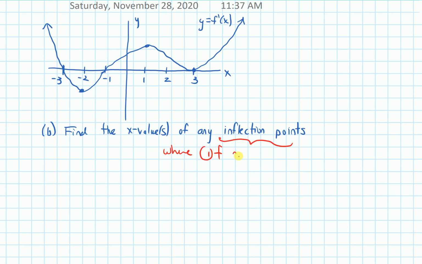F, the original function, switches concavity, from concave up to concave down, or vice versa, and f, the original function, needs to be continuous there. So it's not enough for it to just change concavity. The original function also has to be continuous there.